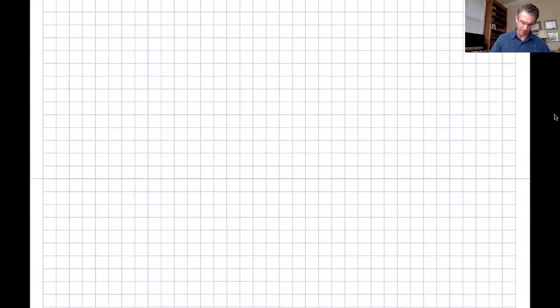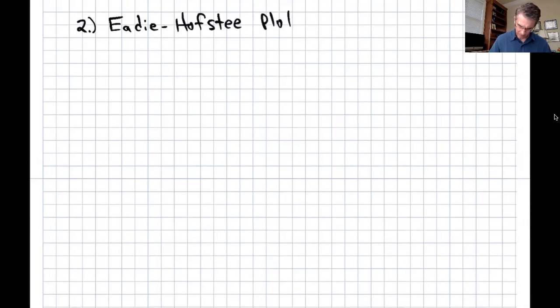One of the best was the so-called Eadie-Hofstee plot. And you may see this one, right? In this case, the linear transform involved turning the Michaelis-Menten equation into something that looked like this, where the initial rate equals Vmax minus Km times the initial rate divided by the substrate concentration.